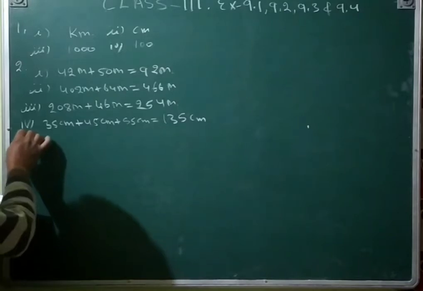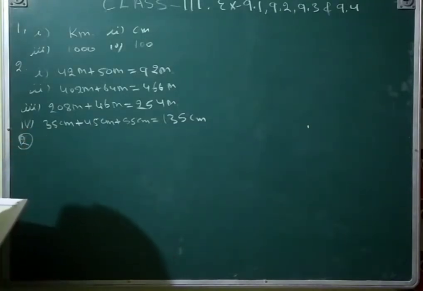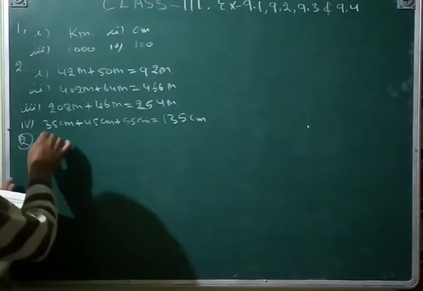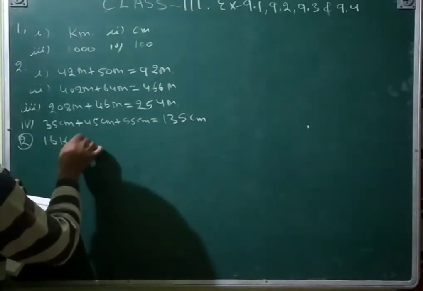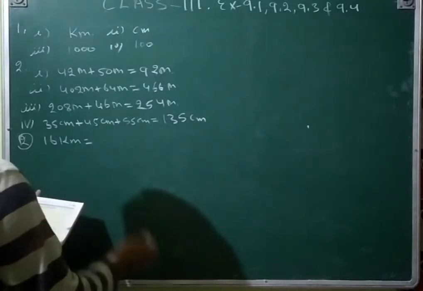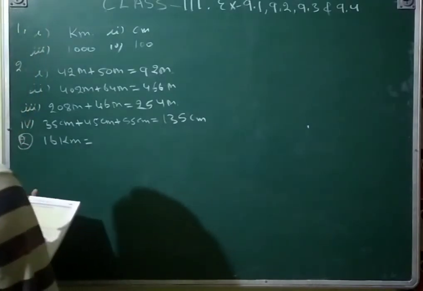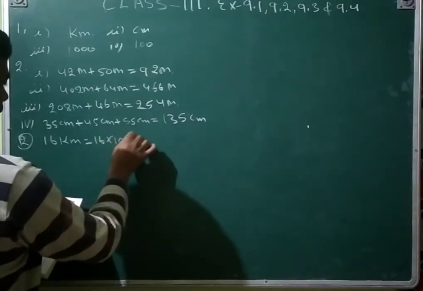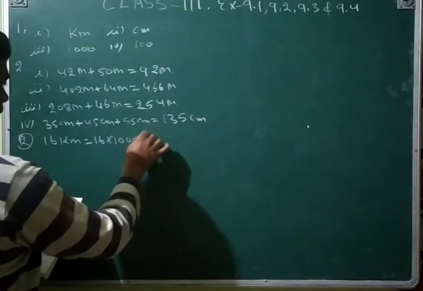And then question number 2, next exercise 9.2, convert into meter. 16 kilometer is equal to, when you convert kilometer in meter, that will be 16 multiply 1000 meter.